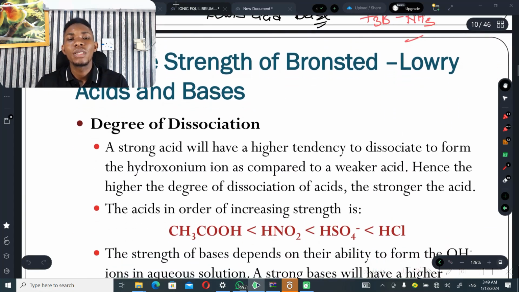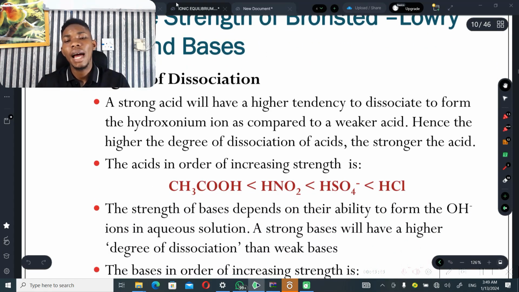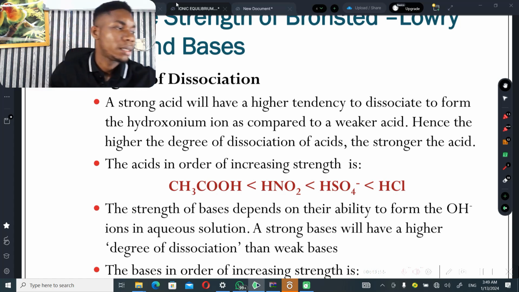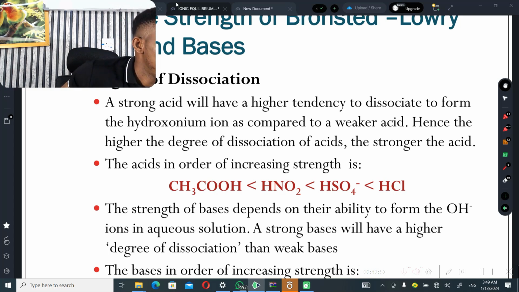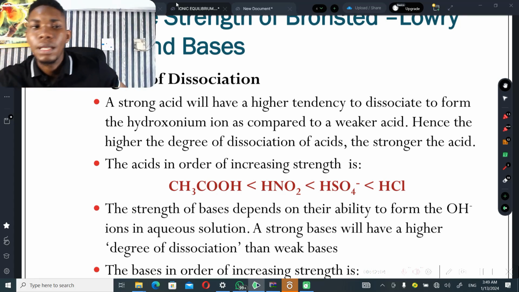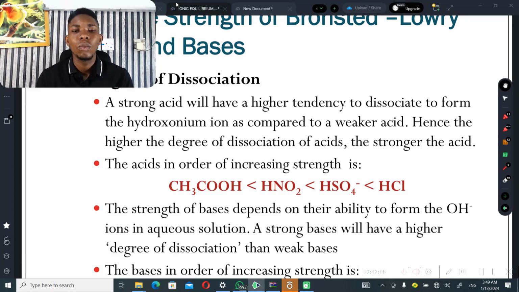Relative strength of Brønsted-Lowry acids and bases: degree of dissociation. Now, a strong acid will have a higher tendency to dissociate to form hydronium ion, as compared to a weak acid. The definition of strong acids and weak acids, I believe most of us know, is that strong acids are substances that dissociate completely in water, while weak acids dissociate only sparingly in water.